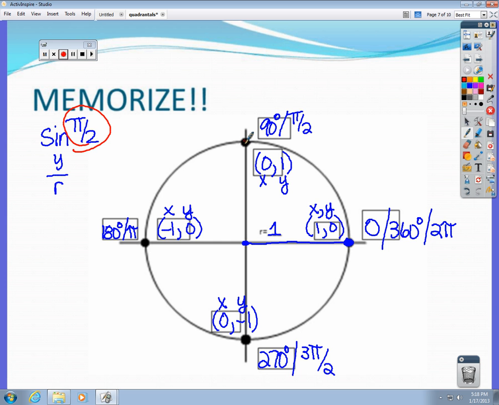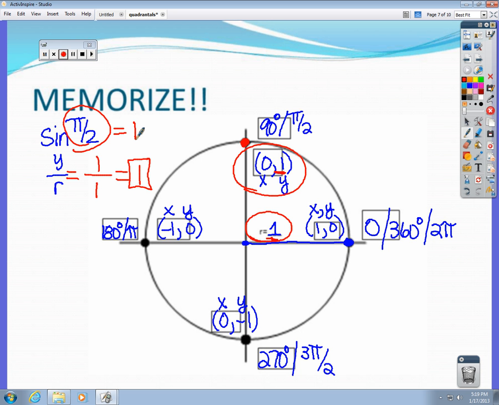And pi over 2 is here at the top of the circle. So I'm going to use these numbers for x and y, and on the unit circle my r is always 1. So if I want to fill in my formula, y would be 1. So on the top I'm going to write a 1. My r is always 1 on the unit circle, so the bottom would also be a 1, and 1 over 1 will reduce to 1. So the sine of pi over 2 is equal to 1.